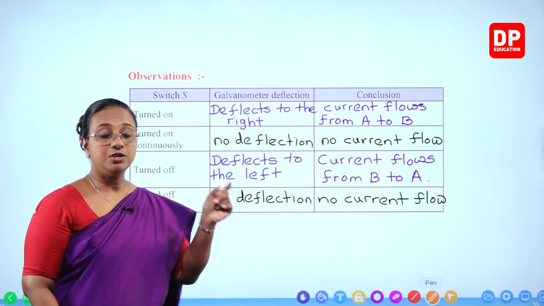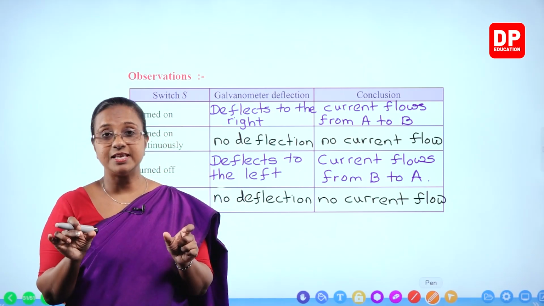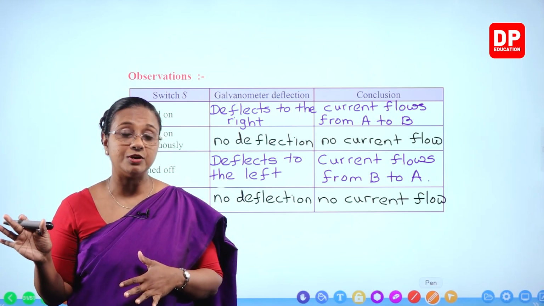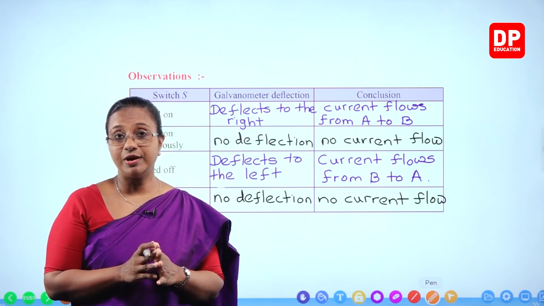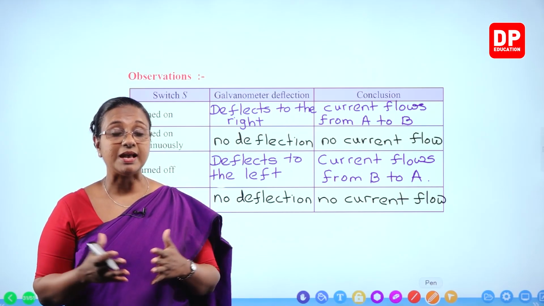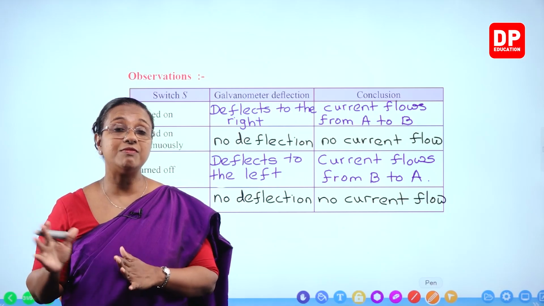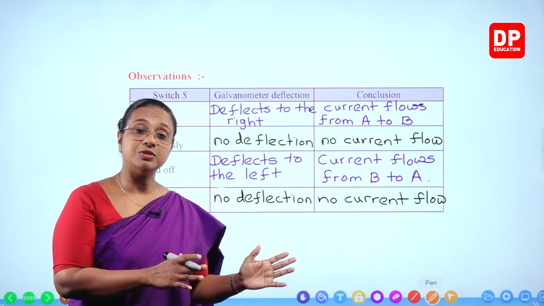Now initially you had one coil. There was a distance between the first coil and the second coil, and the second coil was only connected to the galvanometer. So there was no power supply to the second coil. So that means unless there is an induced magnetic field and an induced current, there will be no deflection in the galvanometer. But we supply current to the first coil.